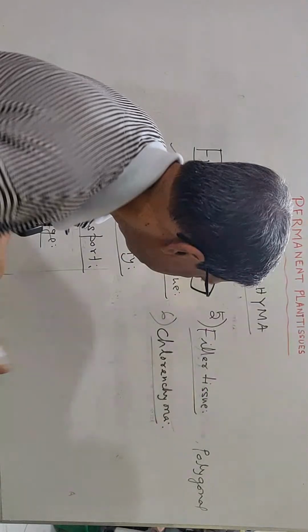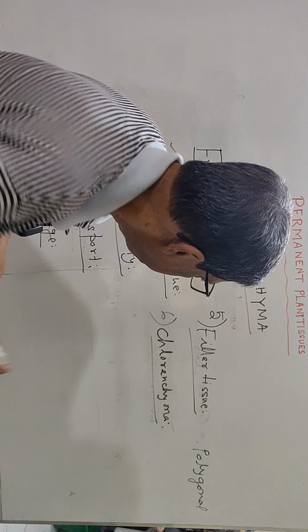Sometimes parenchymatous tissue may divide. This is called de-differentiation. By the process of de-differentiation, it produces new cells. This property is very, very important in case of plant tissue culture. So, these are the functions of parenchyma.